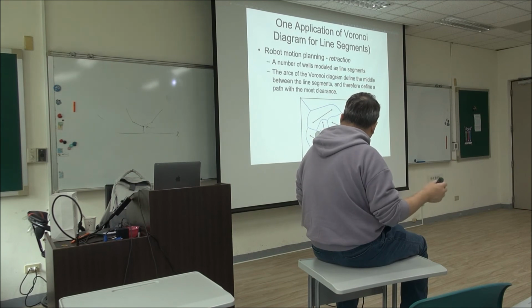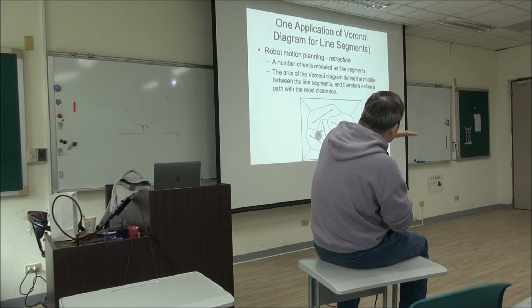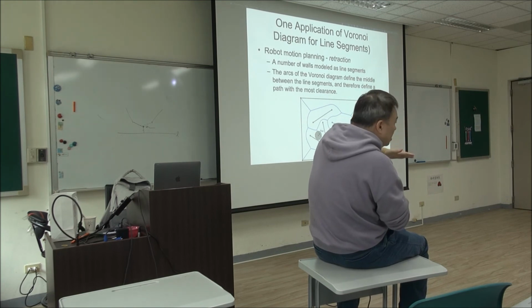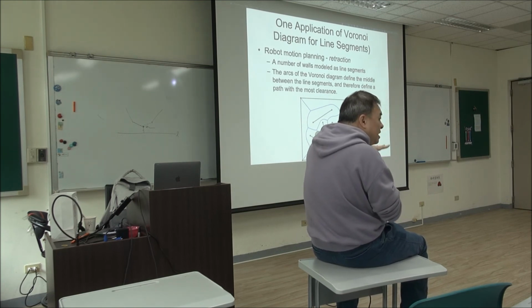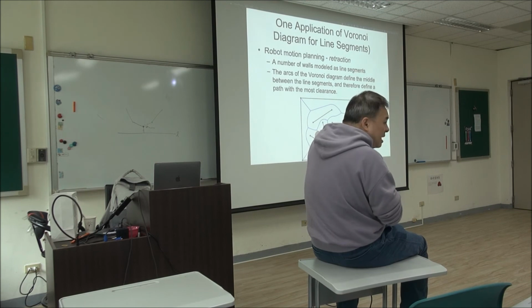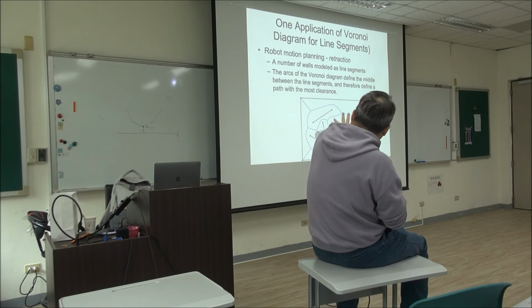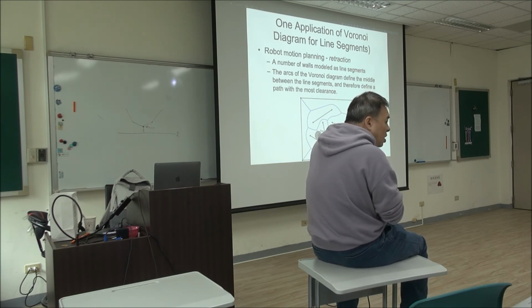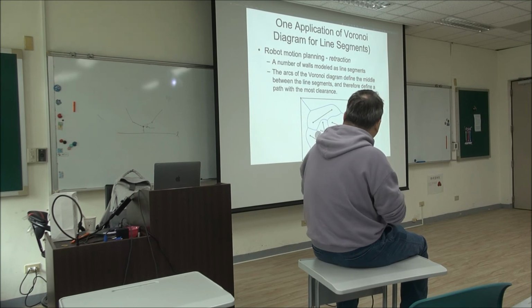You can of course use a sweep line to see how they are created, but I will skip that here, because now I'm going to focus on how, once you create this Voronoi diagram, you plan your robot movement.